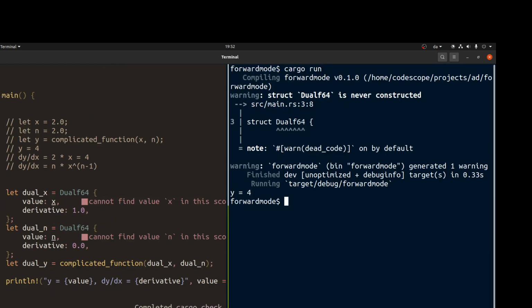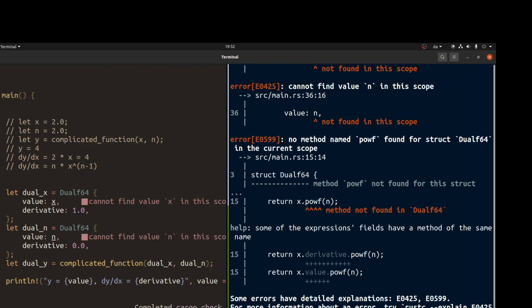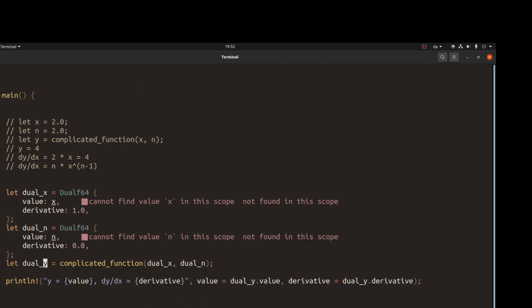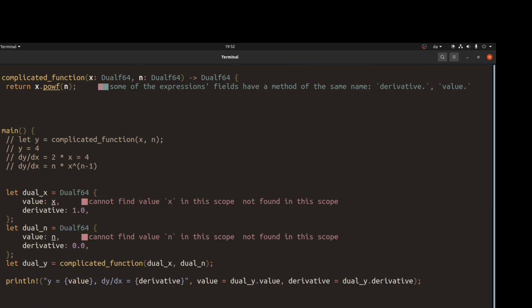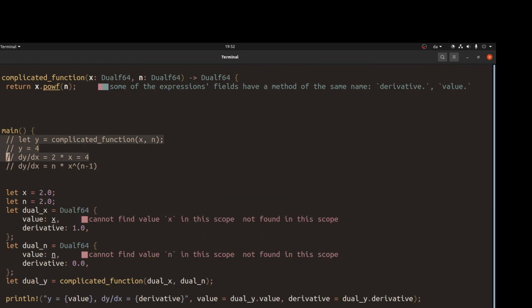Of course, if we try to run that, it doesn't work, because we still need x and n. Forgot about that. Let's put them here, and let's forget about this.